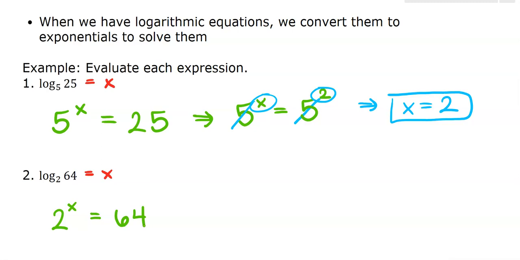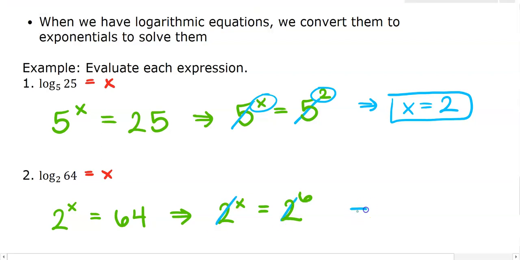You might just have to start taking 2 and raise it to a 4 or a 5 or a 6 and see if one of those works. If you take 2 and you raise it to the 6th power, that should get you 64. So this one, x is going to equal 64. I'm sorry, not 64, 6. X is going to equal 6.